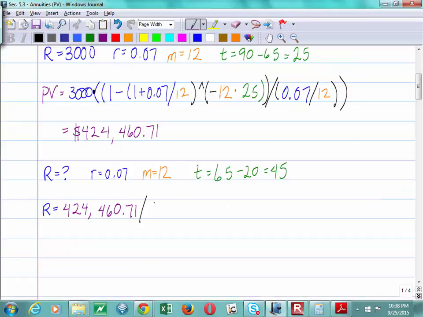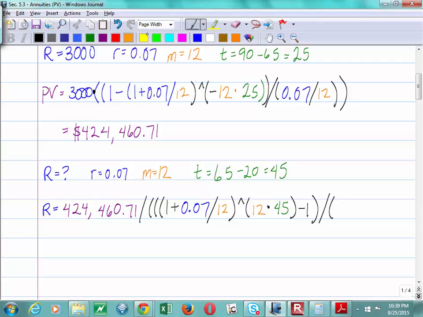All right, so over, I think we need like three of those. 1 plus 0.07 over 12 to the power of 12 times 45, and then we got minus 1, close the parentheses, and divided by 0.07 over 12.